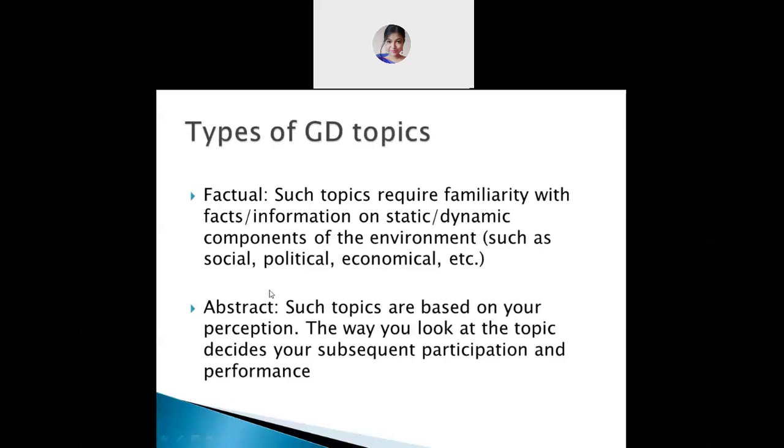So factual topics are based on facts, figures, and information. Factual topics are a little easier to handle, whereas on the other hand, abstract topics are totally based on your perceptions.